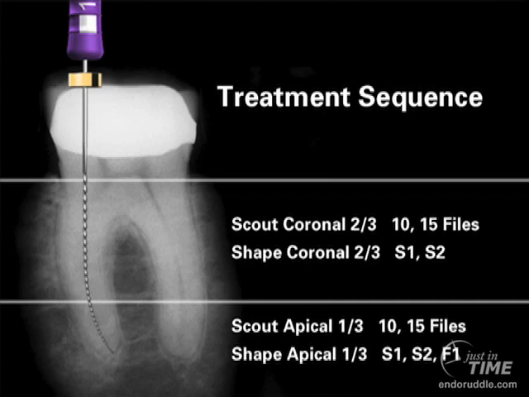This is when we would take a working length film or use an electronic apex locator. This is when we would make sure we're patent and that the canal is not obstructed apically. And this is when the decision would be made: do I use mechanical instruments to shape the apical 1/3, or would I best serve the patient's interest by using a manual ProTaper finishing technique so that we don't risk breaking instruments?